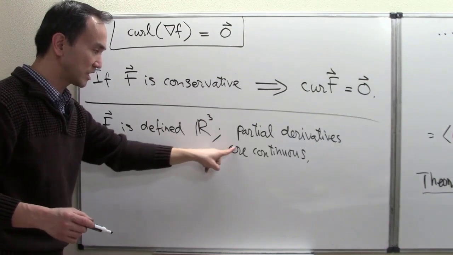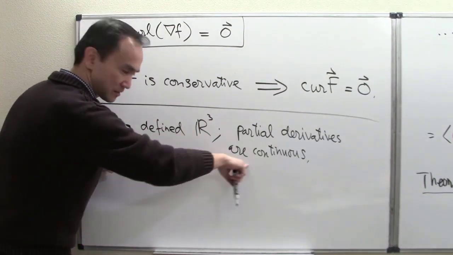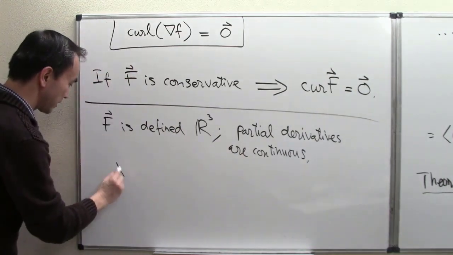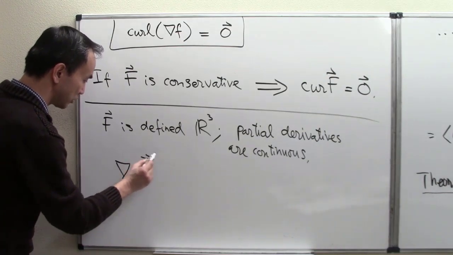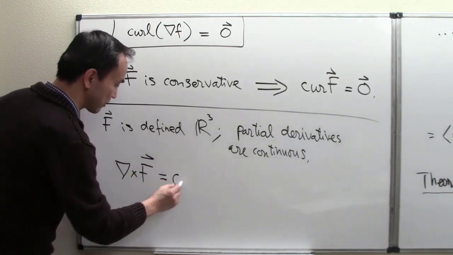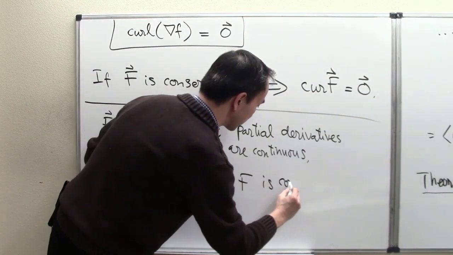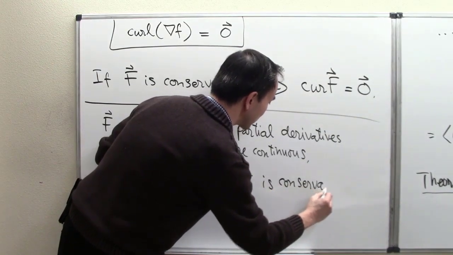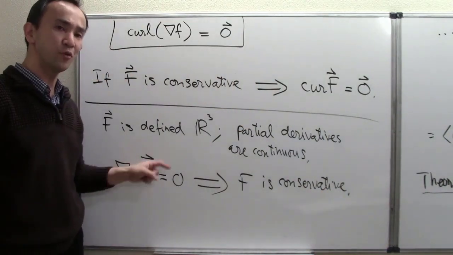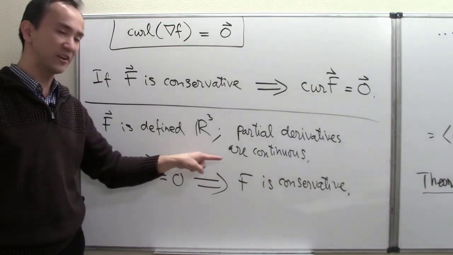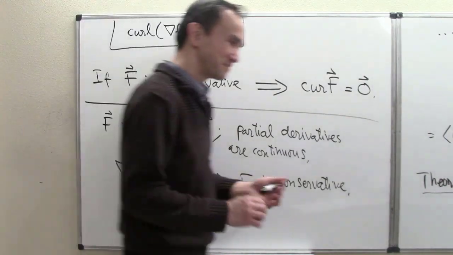So as long as we have these three requirements, and like I said, a lot of the time for this course these are always met, then you can see that if the curl of the vector field turns out to be 0, then it leads to the vector field being conservative. So this can be used effectively, at least within the scope of our course, as another test for whether a vector field is conservative or not.